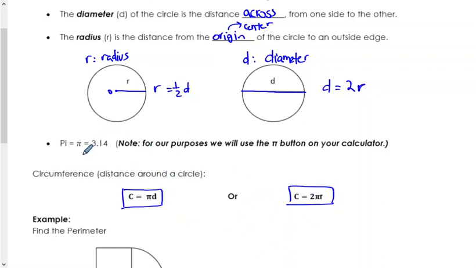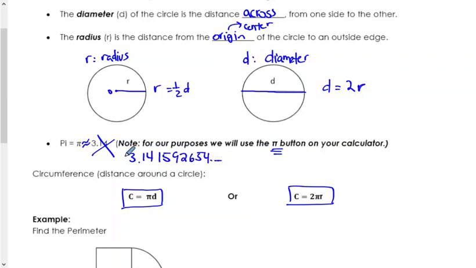Now, pi. In previous classes, you might have used 3.14 and just put that into your calculator, but I don't want you to do that anymore. I want you to use the actual pi button in your calculator, so just take a moment to see where that is. I don't want you putting in 3.14 because pi actually goes on for a bit: 3.141592654, and so on.